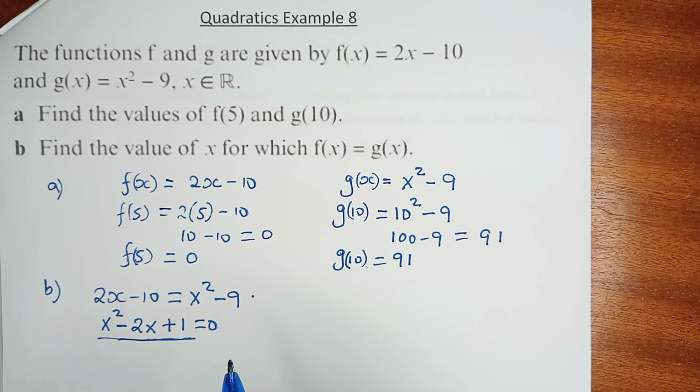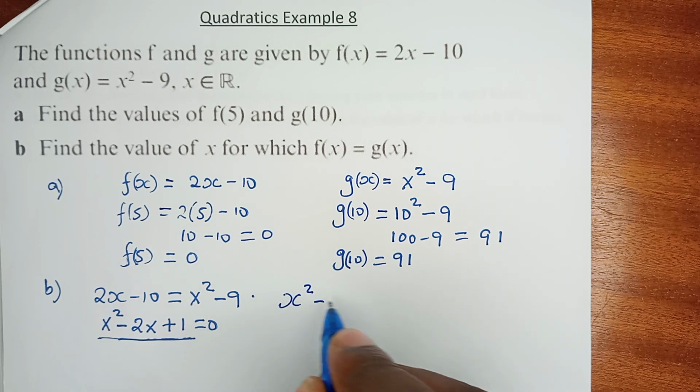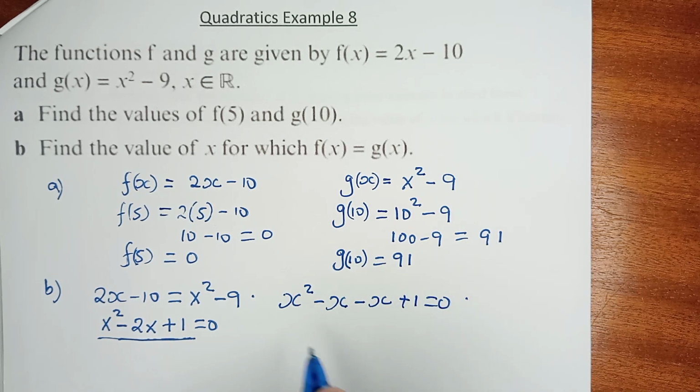This one is just direct. We need to apply the BAC approach: which two numbers, when we multiply, give us AC, which is 1, and when we add them, give us -2. It goes without saying those two numbers are -1 and -1. So we substitute the middle term and have x squared minus x minus x plus 1 is equal to 0.